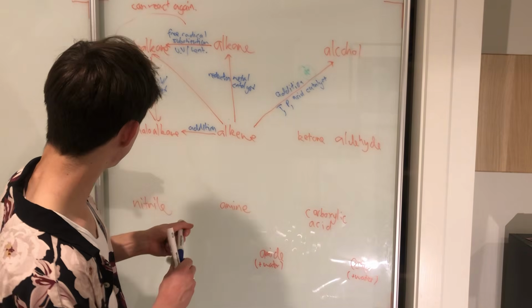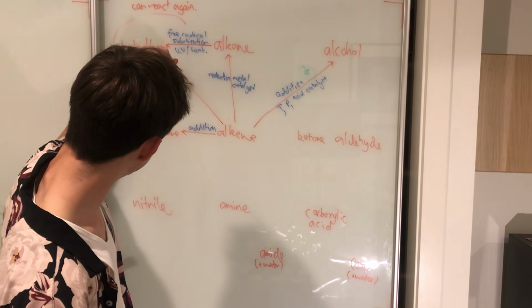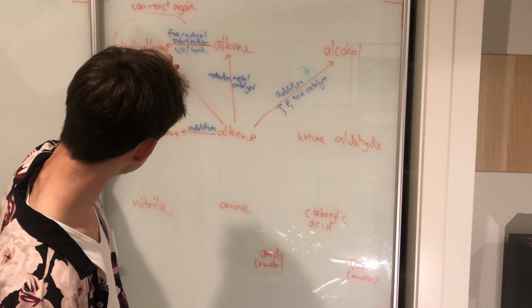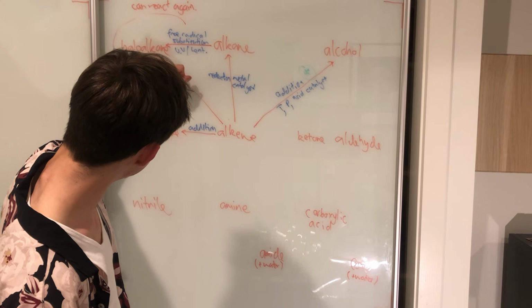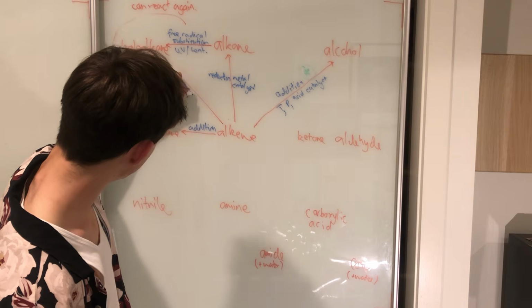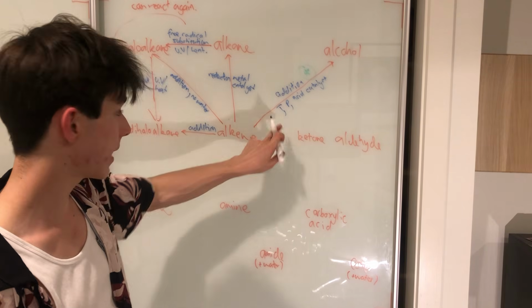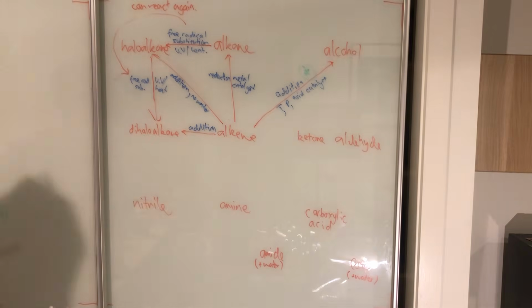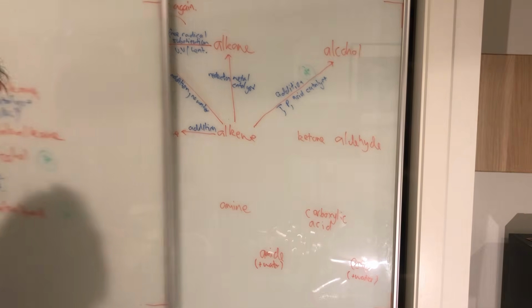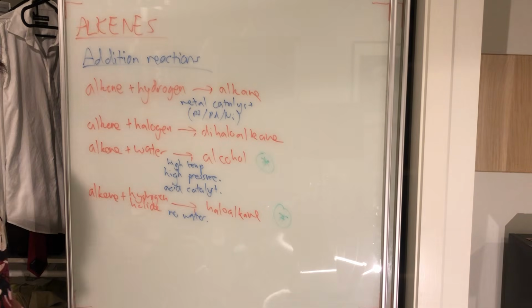So this one is addition, and the condition is no water, or we're going to get some of that happening. Just one thing I want to mention about this one.